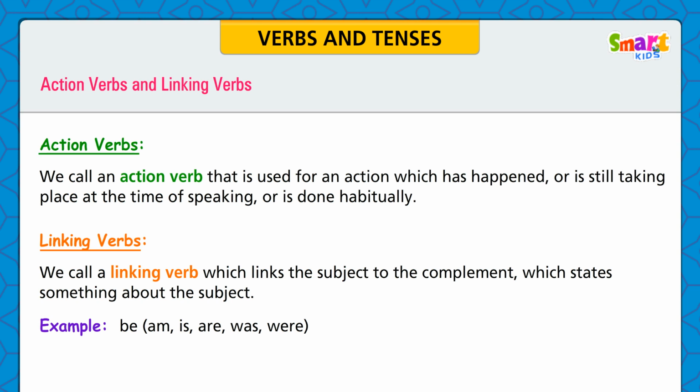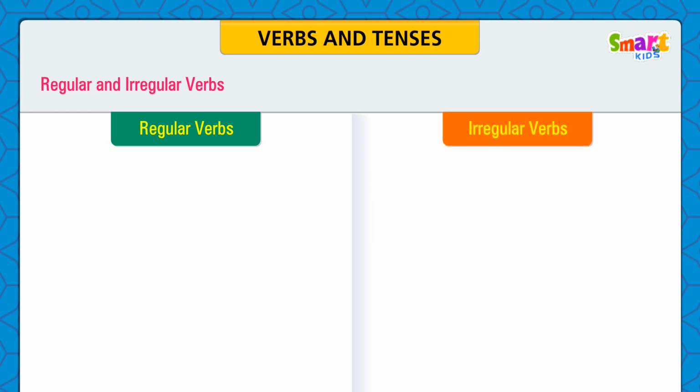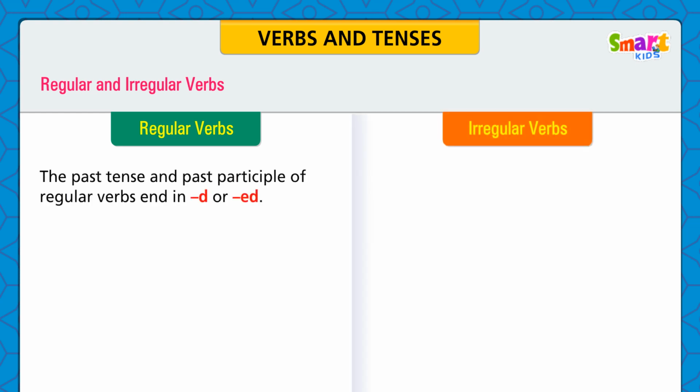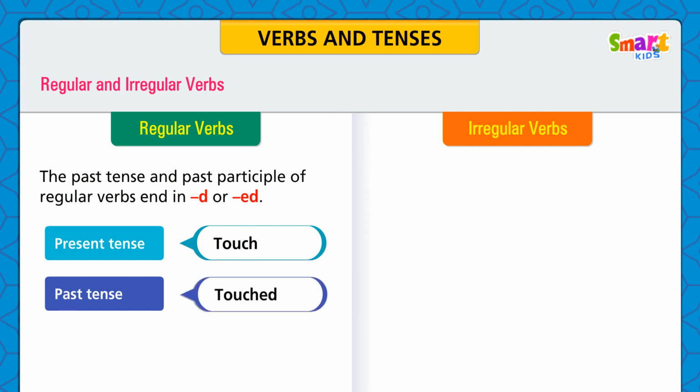Let us know the difference between regular and irregular verbs. We have classified verbs into regular and irregular verbs. The past tense and past participle of regular verbs end in D or ED. Present tense, touch. Past tense, touched.